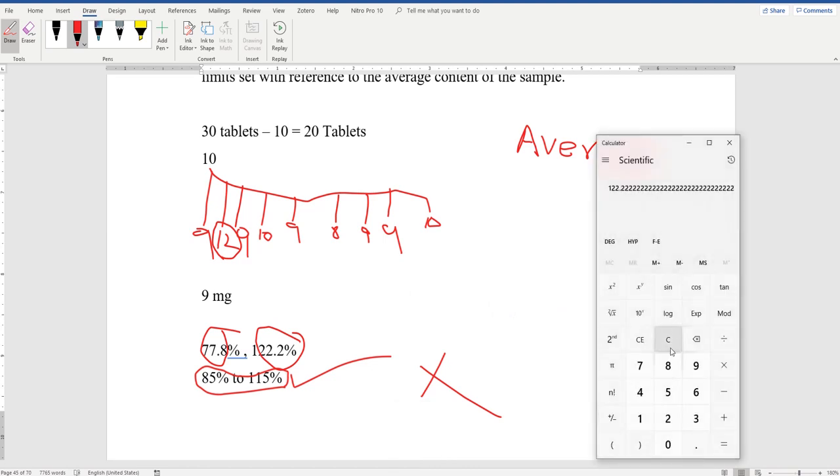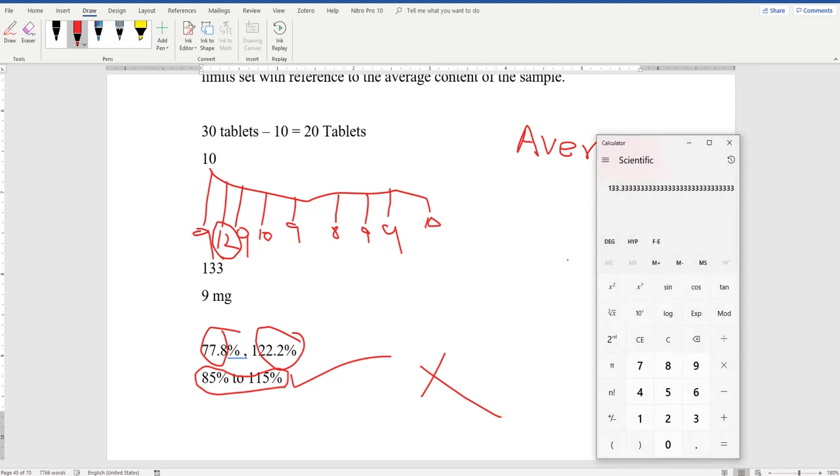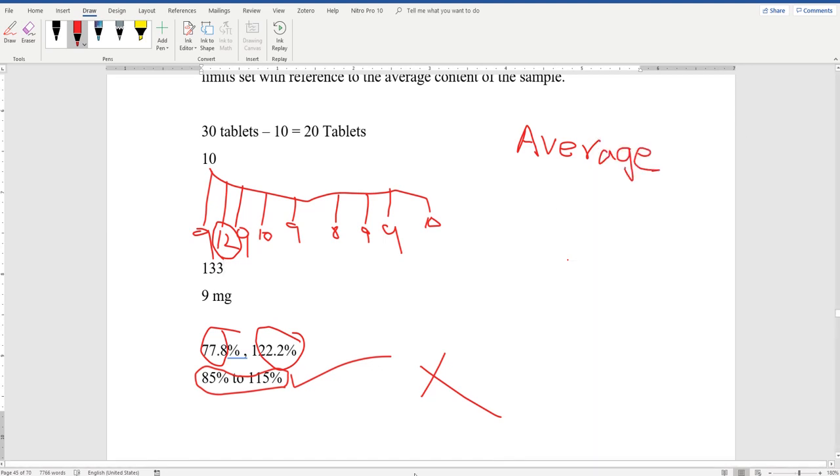So this one is 12 divided by 9 multiplied by 100. What is the answer? 133.3%, right?